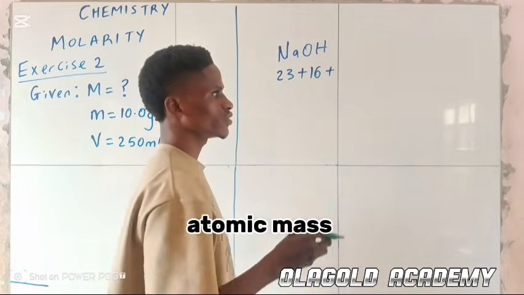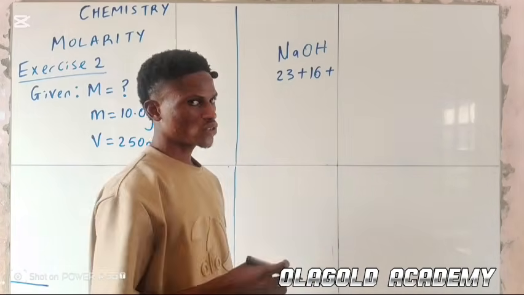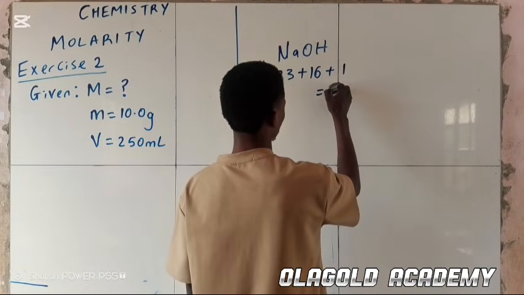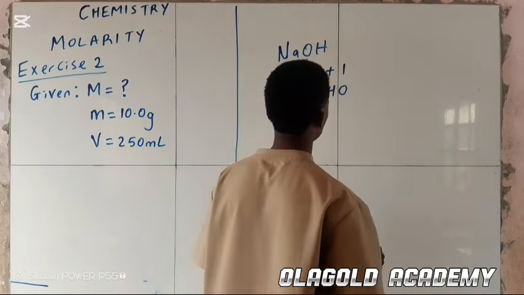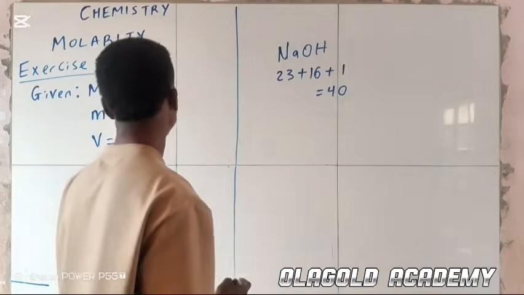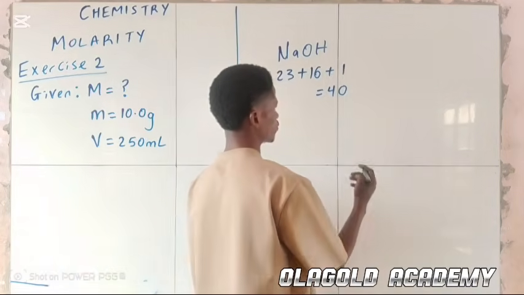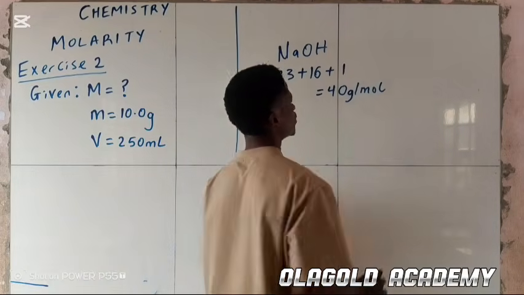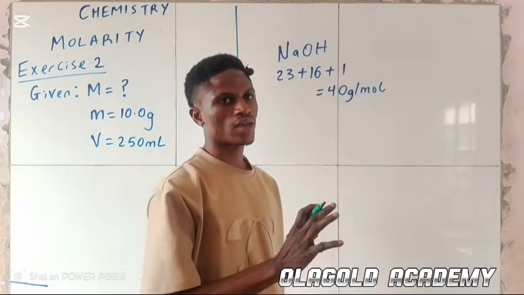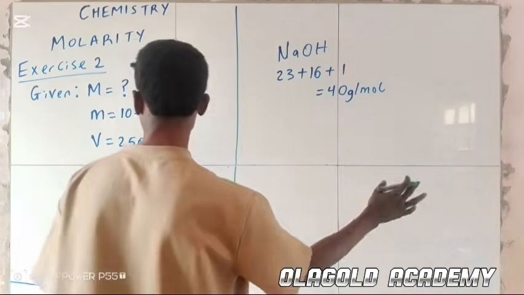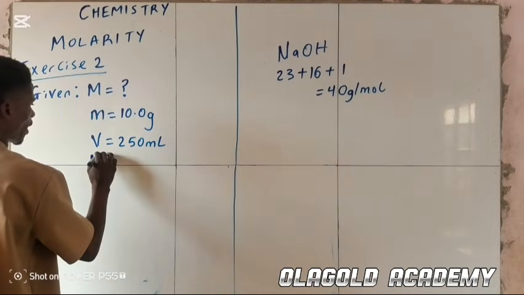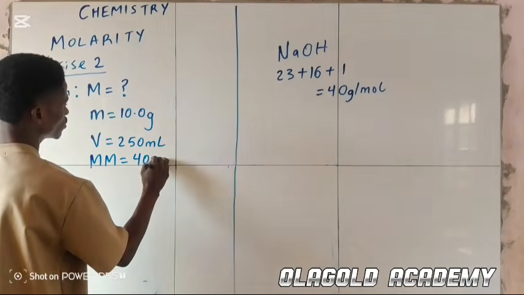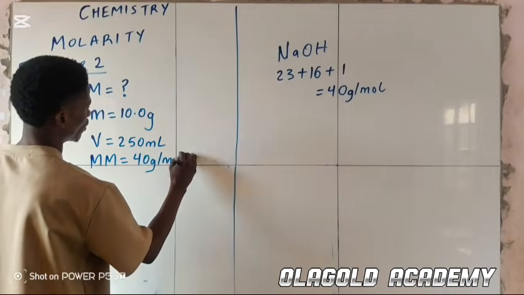And lastly, the atomic mass of hydrogen is 1. So all together, we have 40. If it is molar mass, you can add units to be gram per mole. If it is molecular mass, it has no units. So the molar mass is 40 gram per mole.